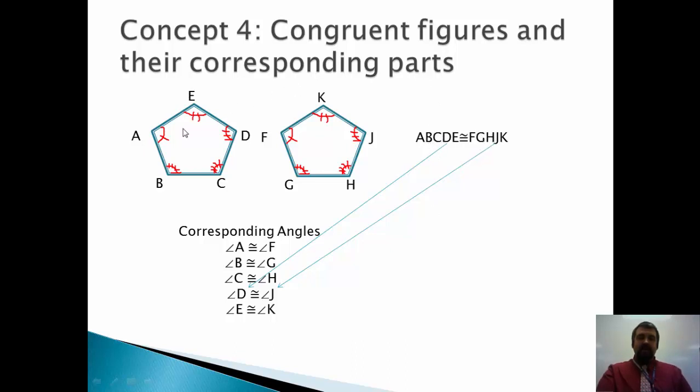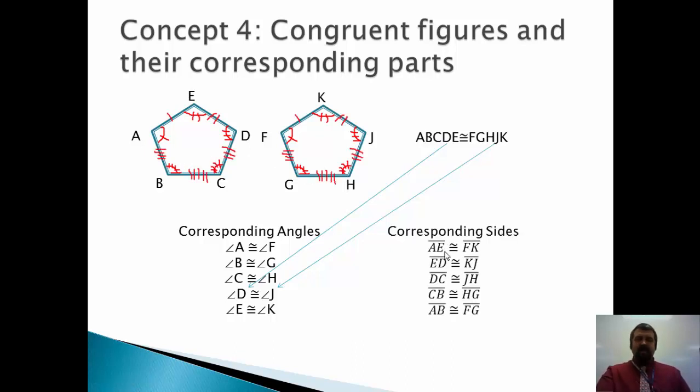If I look at the picture, segment AB is congruent to segment FG. Yeah, they have to be, because they're both between the corresponding angles marked. Segment BC and segment GH also have to be, again, they're between the same correspondingly marked angles. So if we look, those are all the ones that match up.